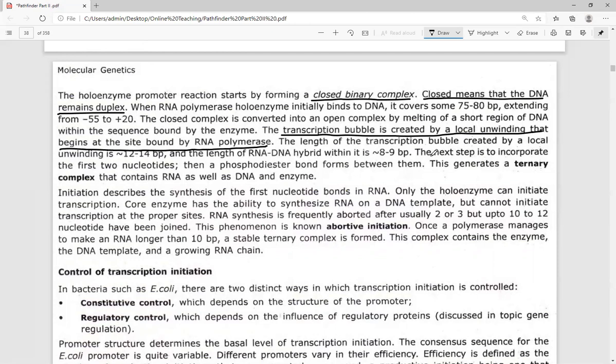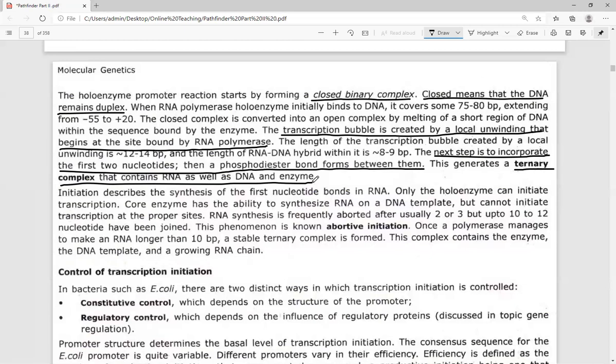Then the first two nucleotides are incorporated and a phosphodiester bond is produced. This generates a ternary complex that contains RNA, DNA, and the enzyme.